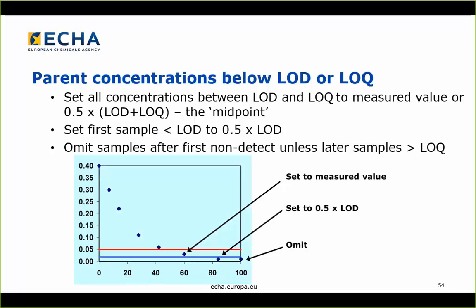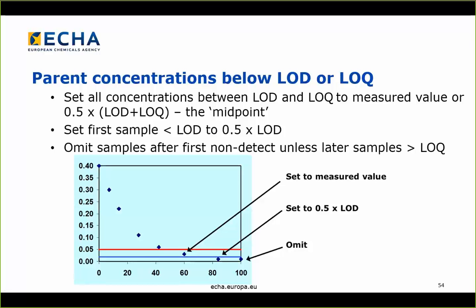In many studies where you see a lot of degradation, you'll come across values less than the LOD or the LOQ. If you have any values that are between the LOQ and the LOD, you would set this to the measured value.